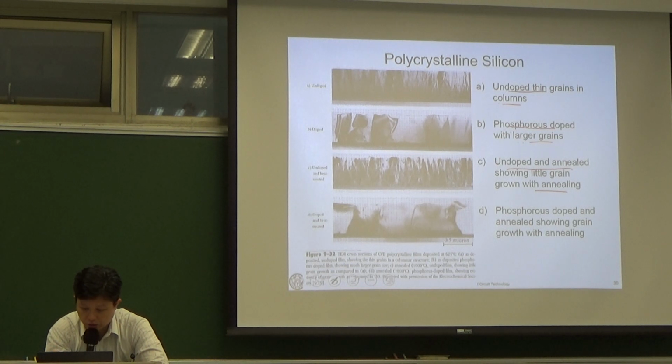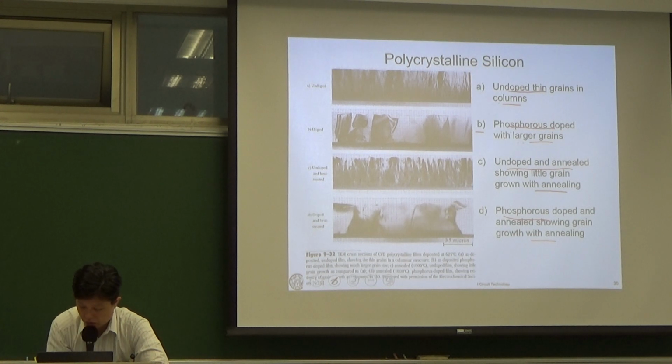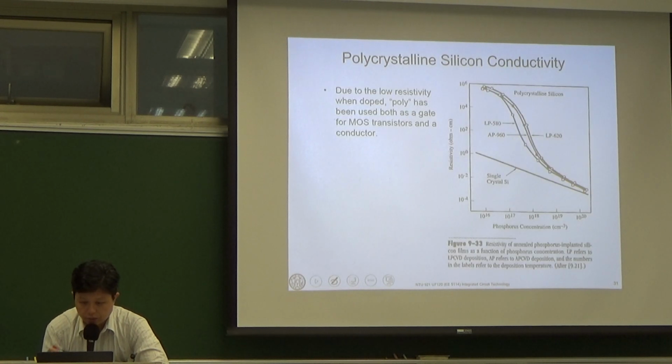For this material A, and this one we annealed, this material B. So after annealing you can see that you begin to see the grain size grow.